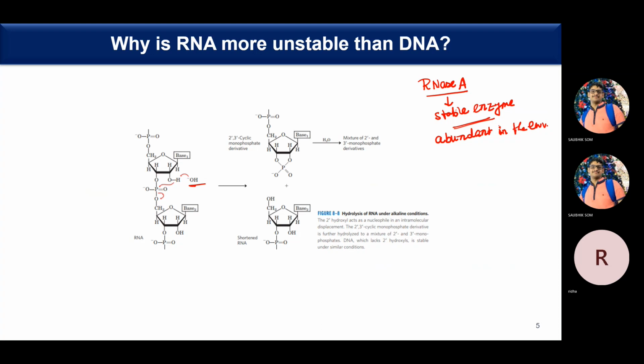This will attack the phosphate bond, forming a 2 prime, 3 prime cyclic phosphate as well as a shortened strand. So that's why it gets cleaved, right? This phosphodiester bond is getting cleaved. So that's why in alkaline medium, RNA is more unstable than DNA. With DNA, there is only H, no OH, so it cannot attack this hydrogen, right? Because this hydrogen is not a polar bond.